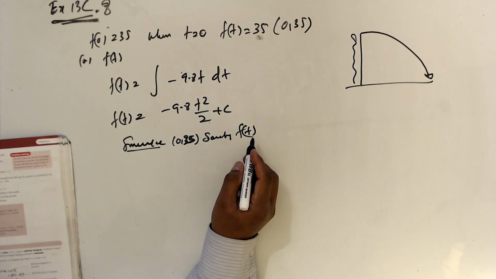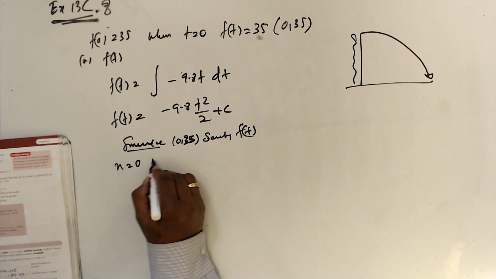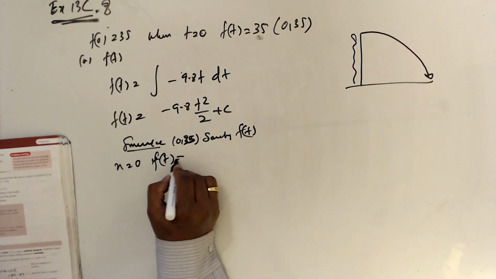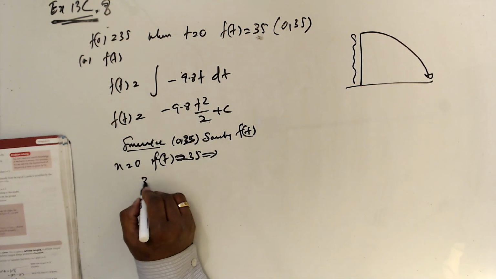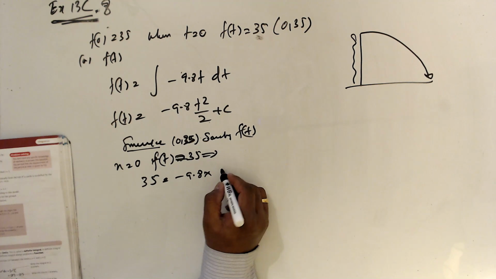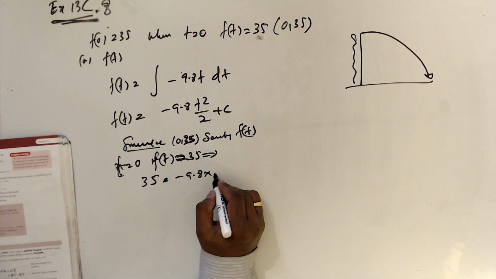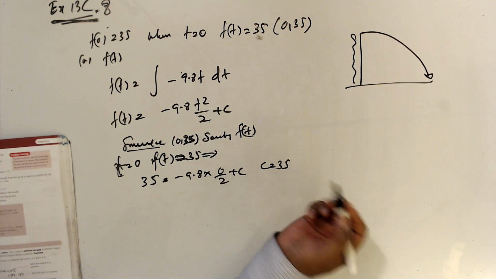So t equals 0, f(t) equals 35. So we'll substitute: 35 equals 9.8 times 0 over 2 plus c, equals 35.